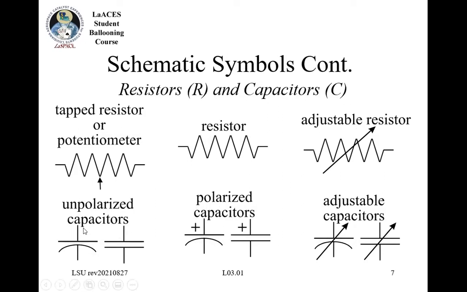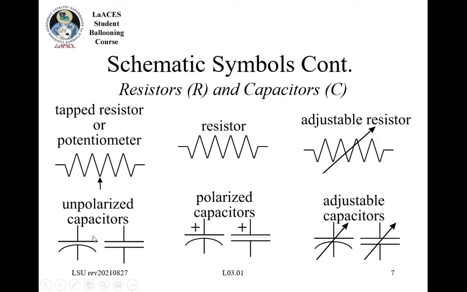So the capacitors, these are all capacitors on the bottom, and Josh probably mentioned to you that some capacitors are polarized and some are not polarized. Okay, so when they're unpolarized, that means that you can put them in whatever orientation onto the board whenever you're actually putting the components in, as we'll see later.